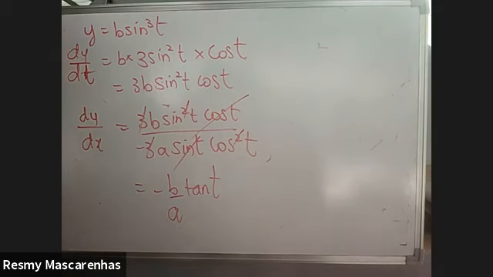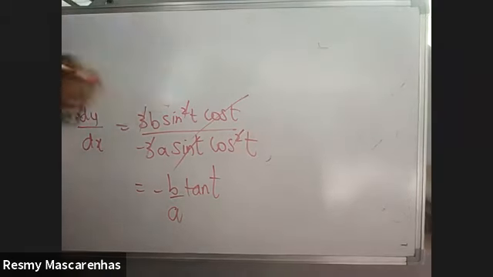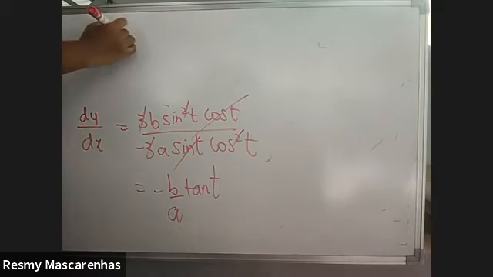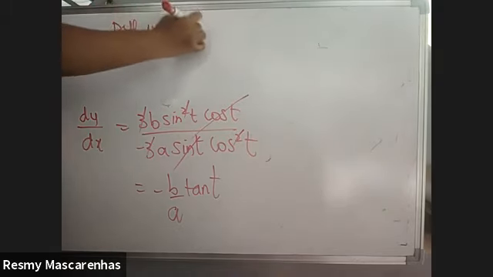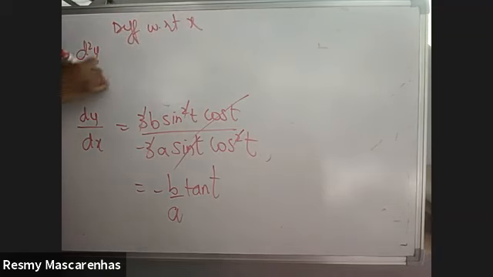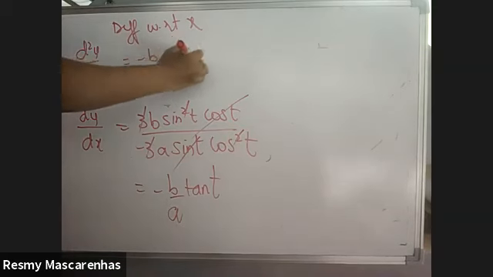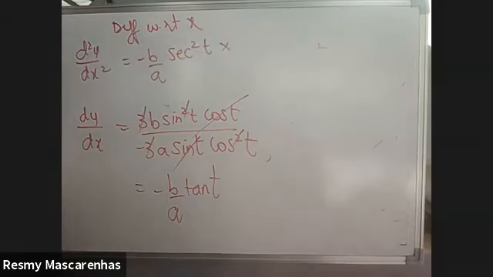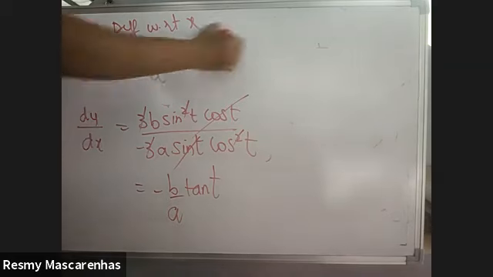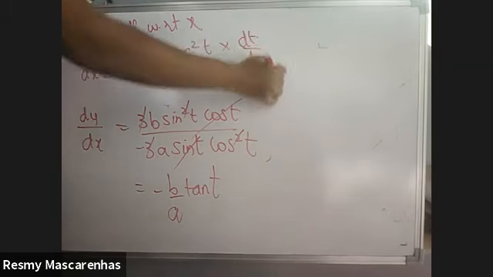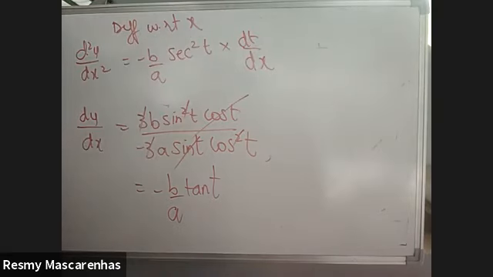Okay, then differentiate with respect to x. So this will be d square y by dx square, which is minus b upon a, as the coefficient. So the derivative of tan t will be sec square t into the extra dt upon dx.